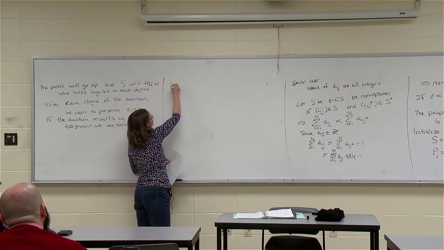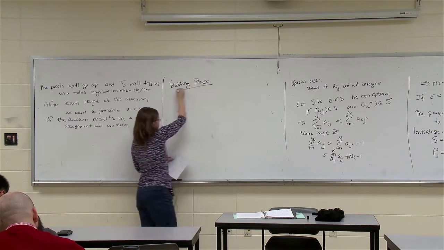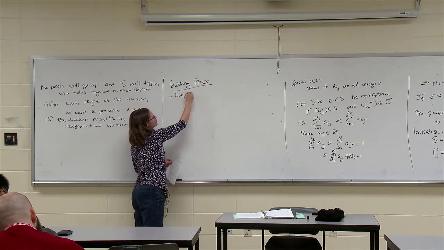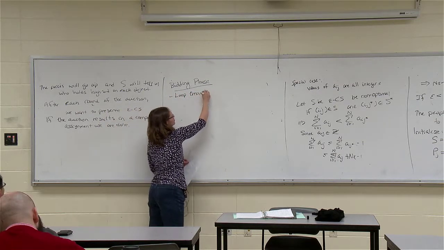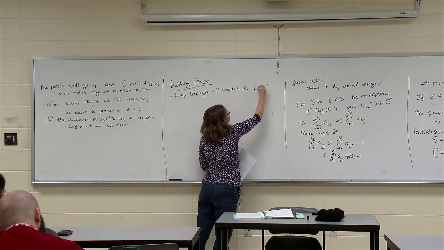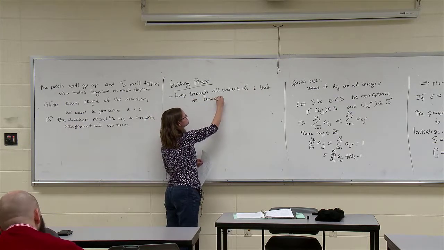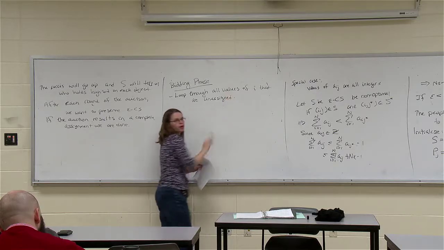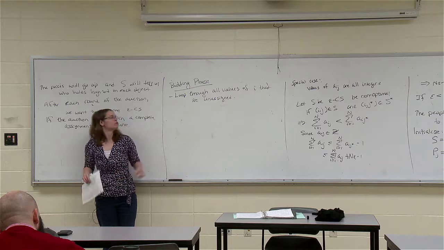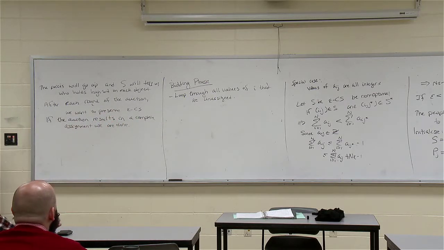So here's the bidding phase. We're going to loop through all the values of i, all the people that are unassigned. Remember, the assignment tells us who currently holds the high bid on each object. So now we're looping through everyone who doesn't currently hold a high bid. He wants to decide what to bid on.